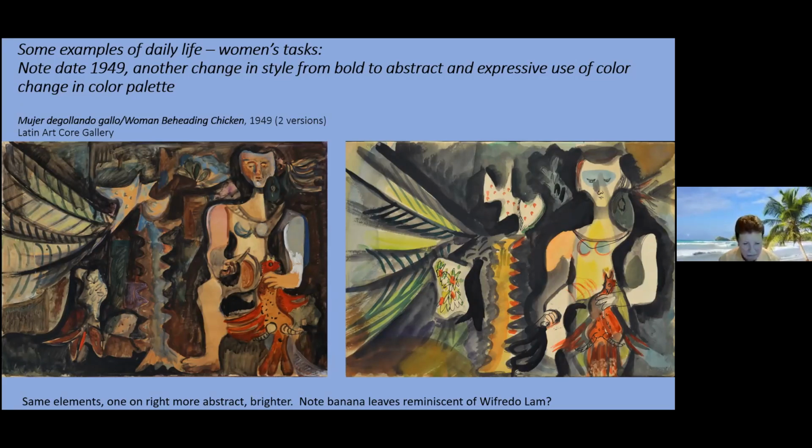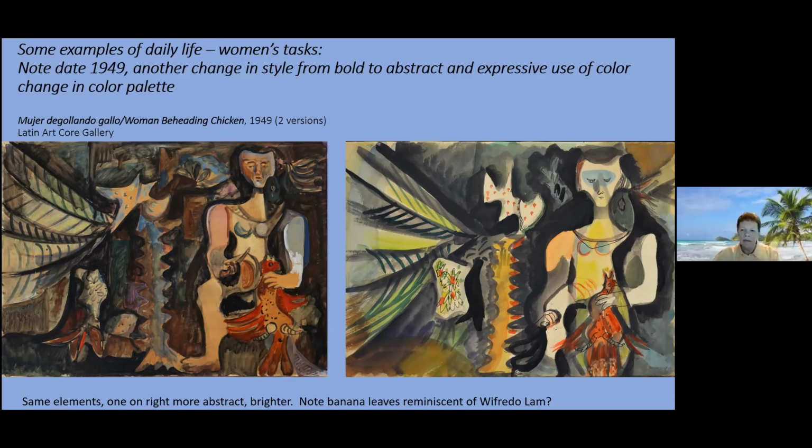Same elements. One on the right is a bit more abstract, a bit brighter. And I note the banana leaves that seem very reminiscent to those of us who are familiar with the work of Wilfredo Lam. And of course, that is part of the flora of Cuba as well. So here is the woman, and she is beheading that chicken, an animal to be eaten, and she's sitting there very proudly taking control of it.